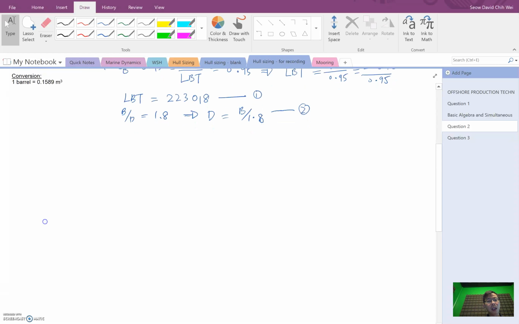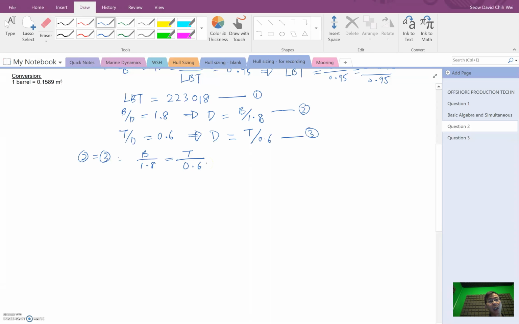And for T over D equals 0.6, I'm rearranging it with D as the subject matter. I have T over 0.6. Call it equation 3. So what do you see? Equation 2 is equal to equation 3. So equating both of them, 2 into 3, I eliminate D straight away. I would have B over 1.8 equals T over 0.6.